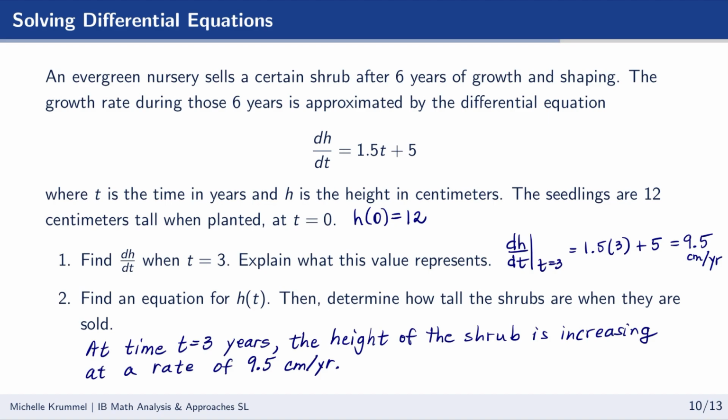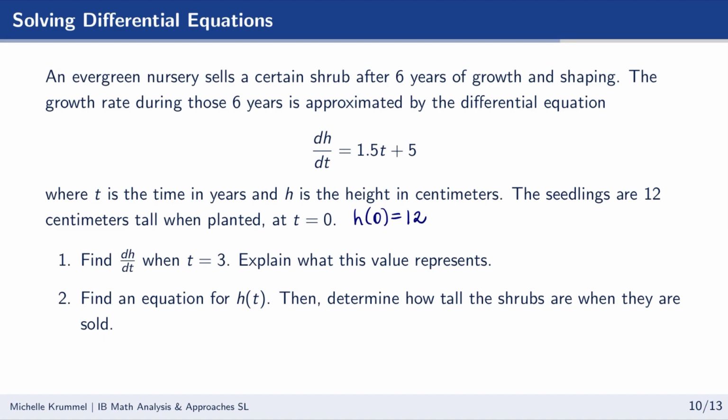So a lot of parts there. We've got instantaneous, then context, it's the height of the shrub. Is it increasing or decreasing? And that's based on whether the derivative is positive or negative. We're saying that it is a rate. We're giving the quantity and then the units. So you need all of that in your explanation.